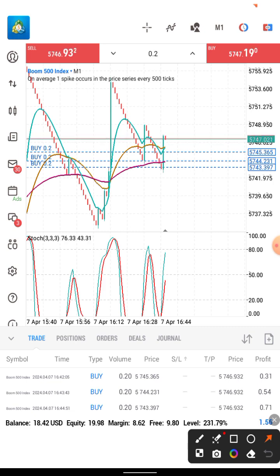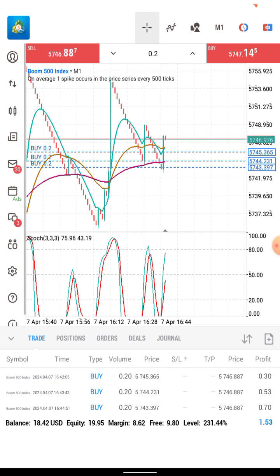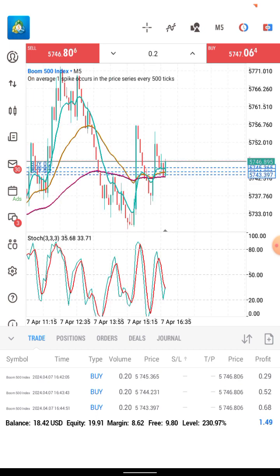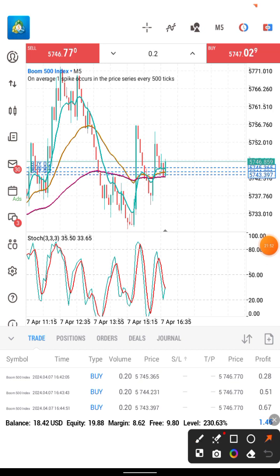Understand? So the main steps is to make sure that on 1 minute there is oversold. That is when you are trading boom. Then on 5 minutes there is oversold. Understand? But you see on 5 minutes here there is no oversold yet, but the stochastic is moving towards the oversold.